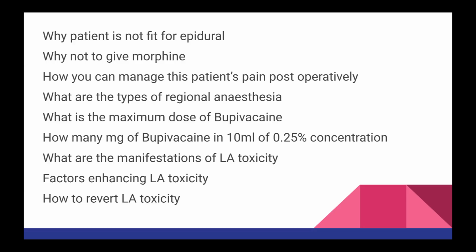Yes. So can you tell me what are the manifestations of local anesthesia toxicity? There can be systemic toxicity and neurological toxicity as well. In systemic, the patient can go into confusion. The patient can have headaches, and also the patient can have seizures.